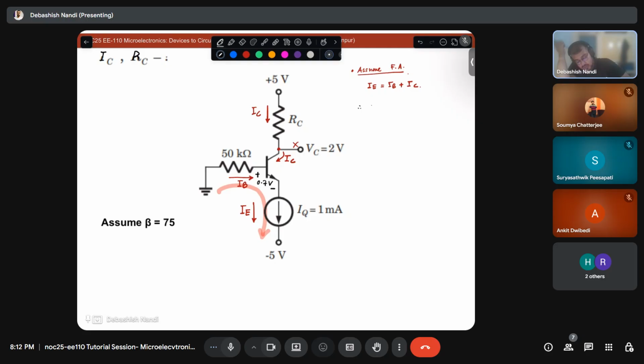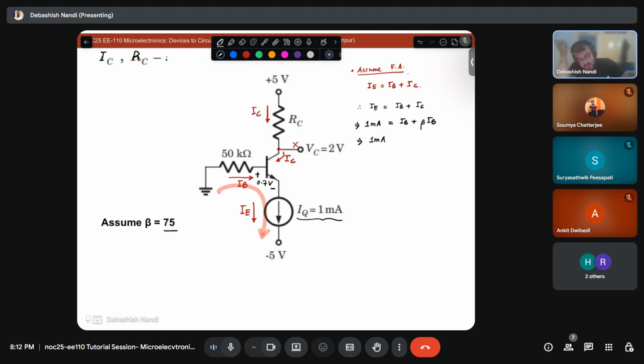Anyway, so your IE is basically IB plus IC, right? So IE, you know, is 1 milliampere. Your IB plus IC will be your beta IB plus IB. Beta is given as 75.